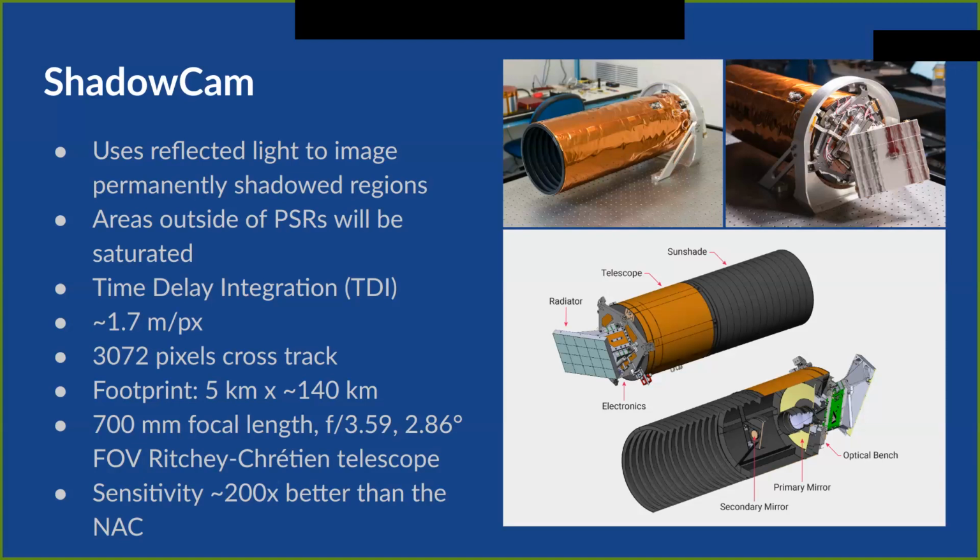And so between that and a little bit larger pixel scale, we're able to have almost 200 times the sensitivity of the narrow angle camera, which is enough to see in these permanently shadowed regions. ShadowCam is at roughly 100-kilometer orbit. And at this orbit, our pixel scale is about 1.7 meters per pixel. So it's still pretty high resolution, and certainly the highest resolution images that have been taken in these permanently shadowed regions by any instrument.